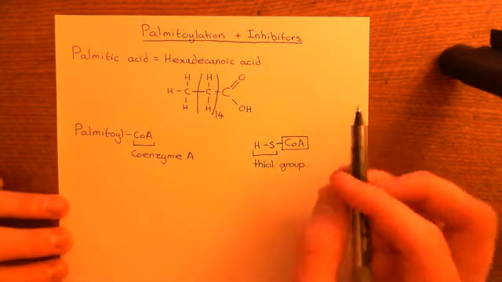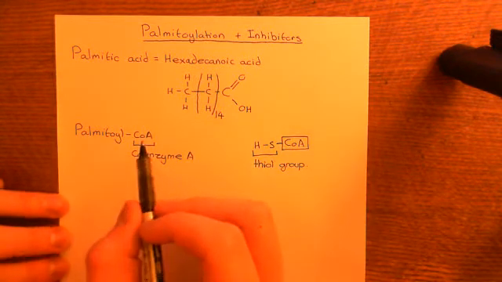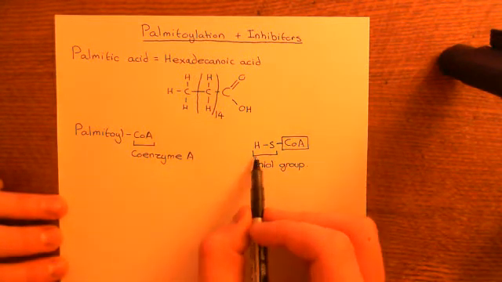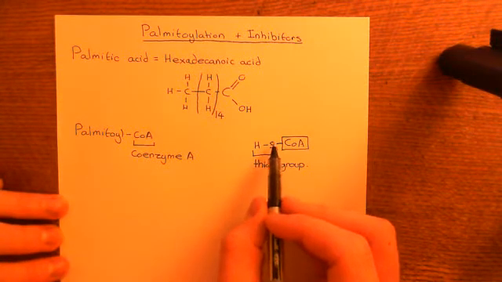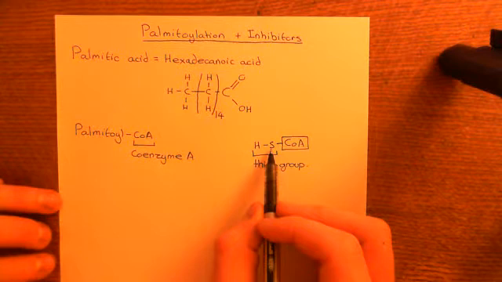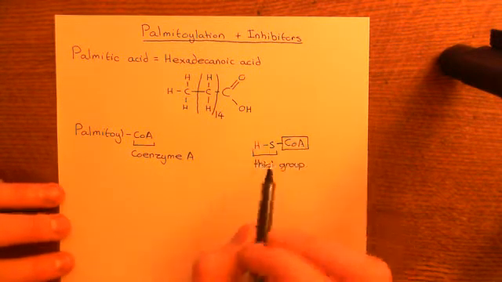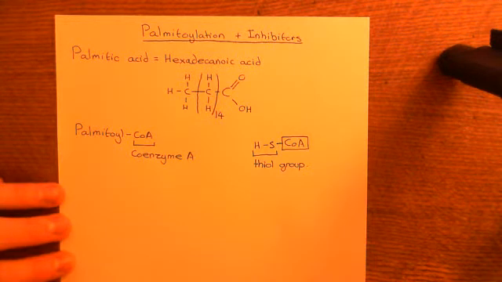So what happens if you want to create palmitoyl coenzyme A? Well, let's imagine for a moment that this isn't a thiol group, but instead an alcohol group, so imagine that the sulfur atom is an oxygen atom. You could react this alcohol group on the coenzyme A molecule with the palmitic acid molecule's carboxylic acid group.